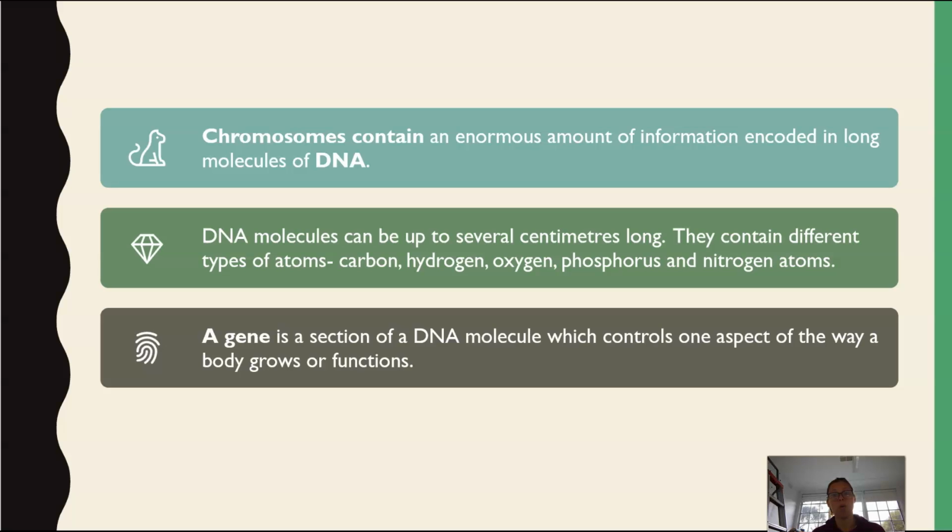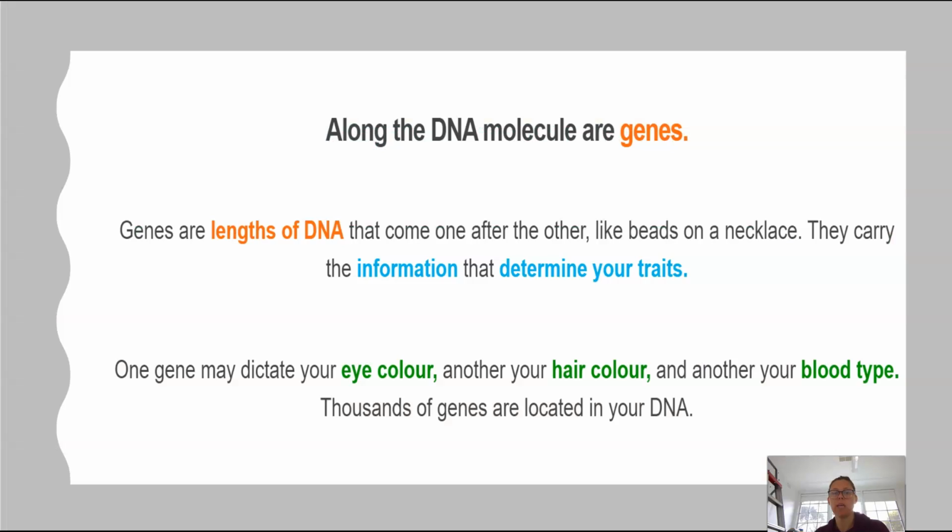And it controls the instructions for the way our body produces the things we need to function. So that might be our hair color, our eyes, the way our eyes are working, and so forth. So to get started, we are looking here at just a brief breakdown.